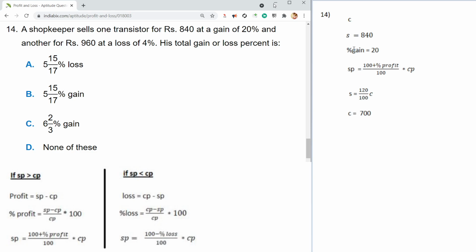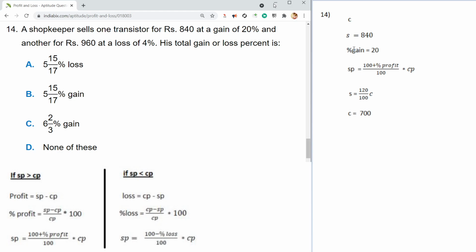For the second transistor, he didn't mention anything about the cost price. Actually, he needs to mention the cost price. If they don't mention it, we can consider both as the same cost price, since they are the same kind of transistors.